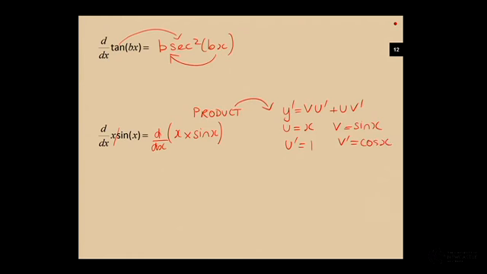Now everything's ready on the side, so I'm going to say the product rule said V, so I'll put sine of x, and I tend to do dots for multiplication if you haven't seen that before, so as not to confuse ourselves. So that's a V with a U dash being multiplied, plus a U with a V dash. So I'll tidy it up. It's come out to be sine of x plus x times cos of x.